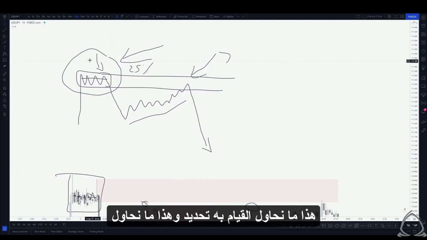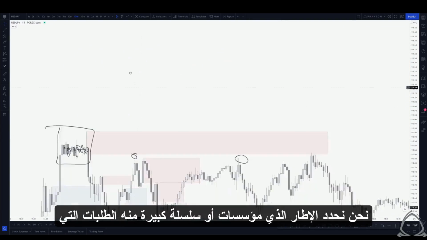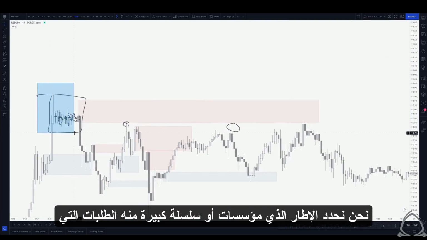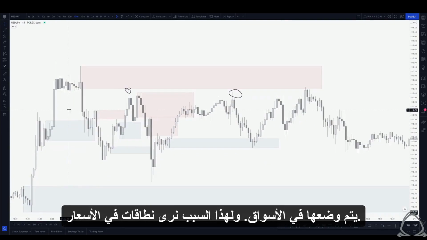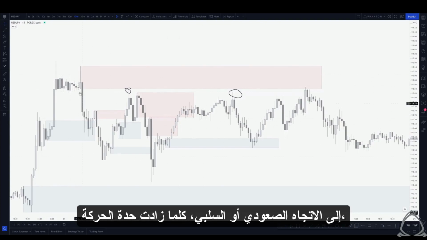And in a nutshell, this is what we're attempting to identify, and what we're attempting to create trades based off of. We are identifying the framework that institutions or large series of orders are being placed in the markets, and that's why we see ranges in price or sharp moves, pivots, that then create an expansion to the upside or the downside.